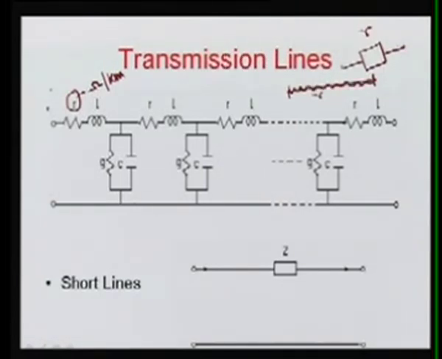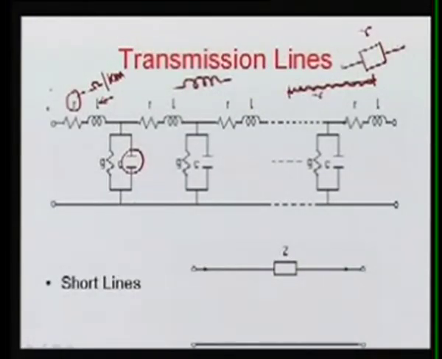Similarly, if you look at the other parameters of transmission lines, there is the inductor L, and it is also distributed in nature. We have the capacitance due to the voltage difference from phase to neutral. We know this inductance is due to the current flowing in the conductor, which introduces flux, that is, magnetic flux.